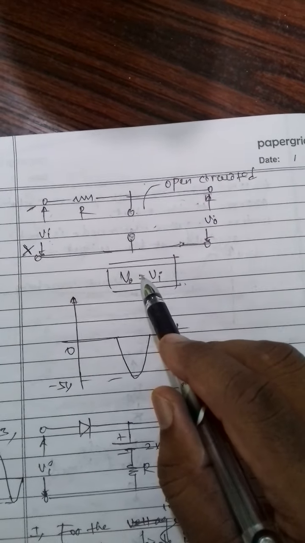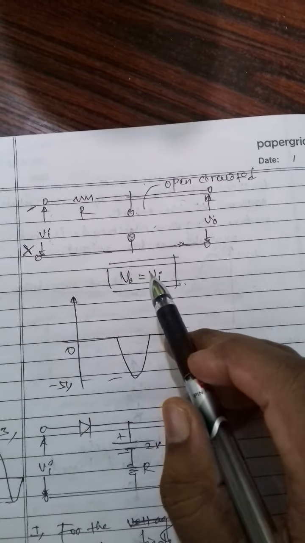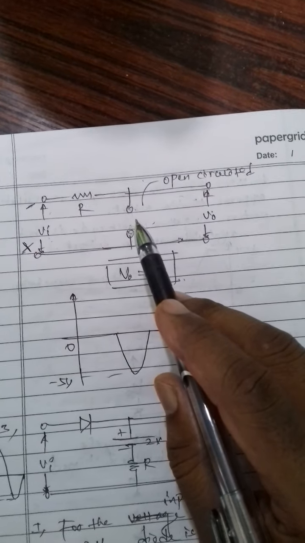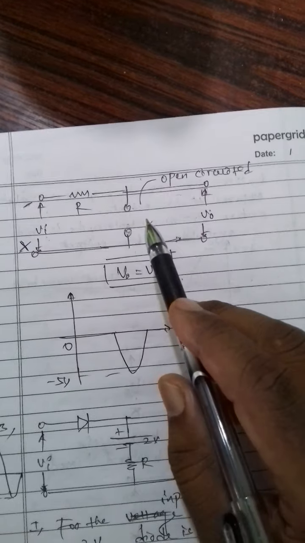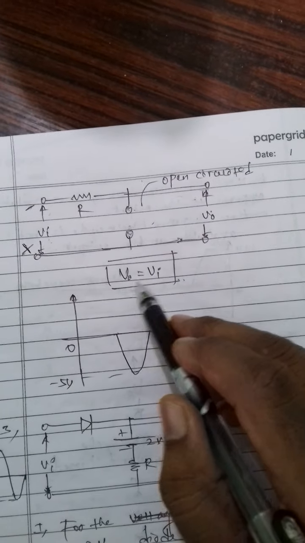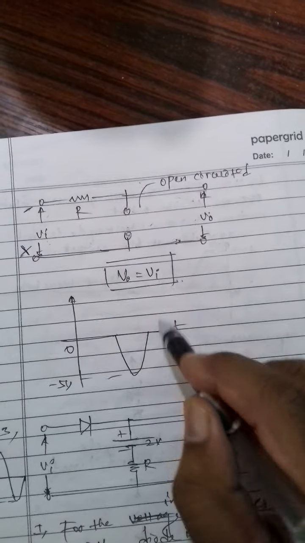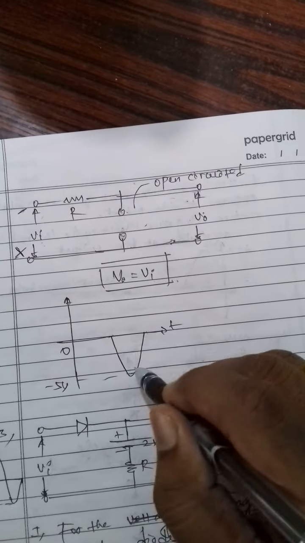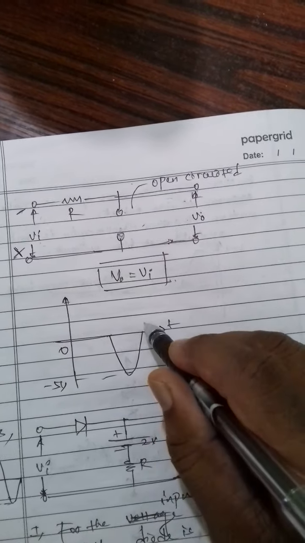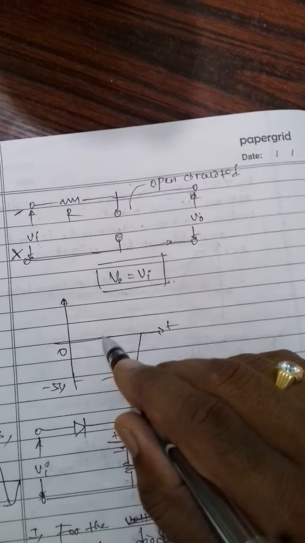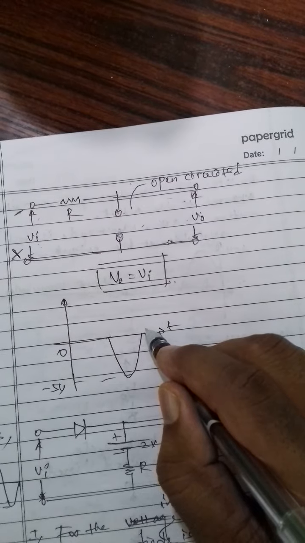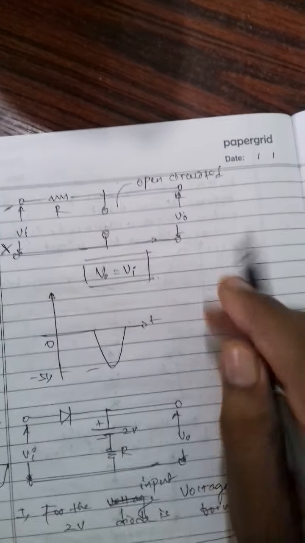During the negative half cycle, the diode is off, so the output voltage is equal to the input voltage, and the negative half cycle appears at the outputs. That is for the parallel clipping circuits.